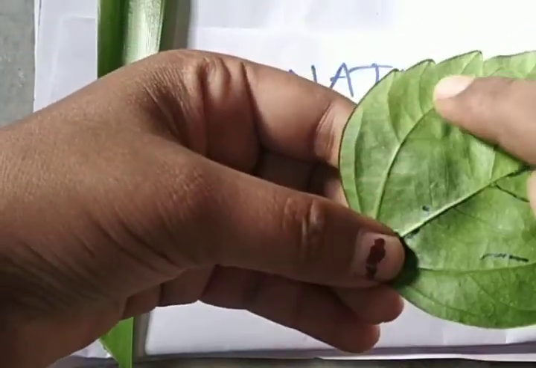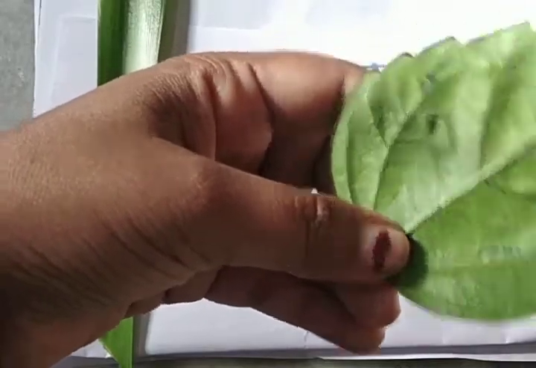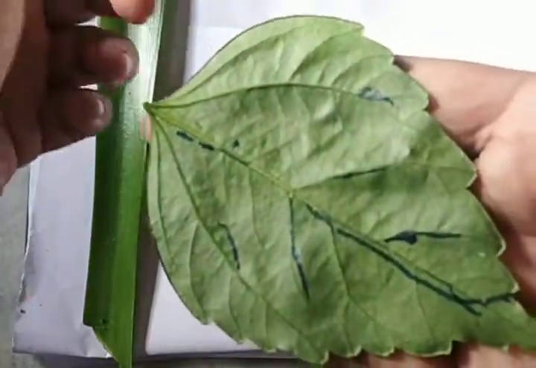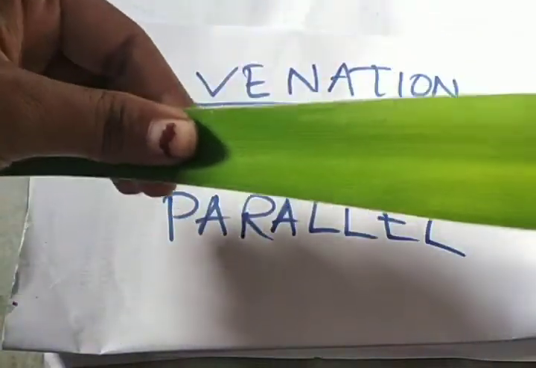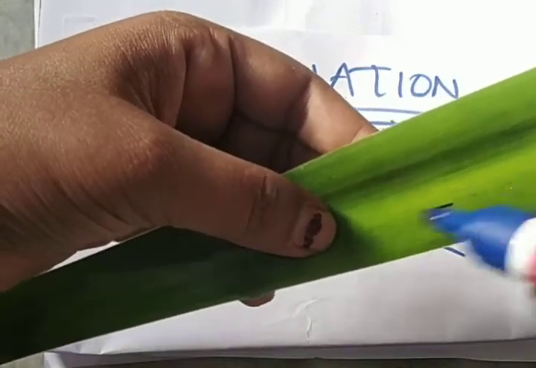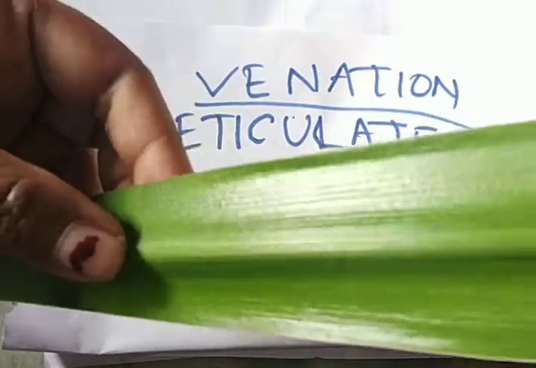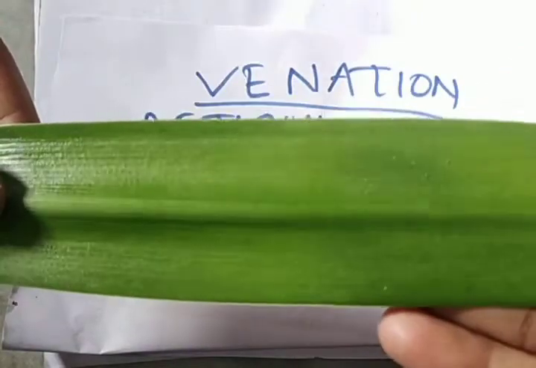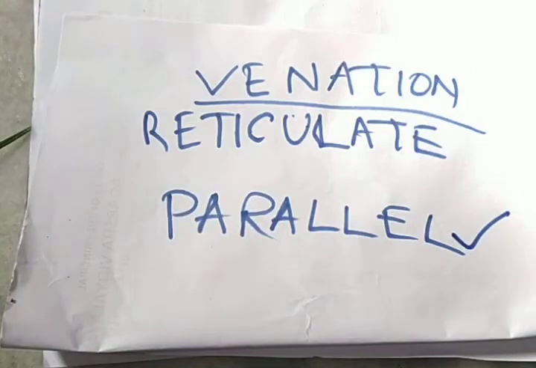Here veins have gone, other small veins are there, and it is forming a net-like structure. That's why it is reticulate venation. But if you see this leaf, here you see that veins are parallel to each other. You can see from the back side also veins are visible. Okay, these veins are parallel to each other. That's why this is known as parallel venation. So this is about leaf.